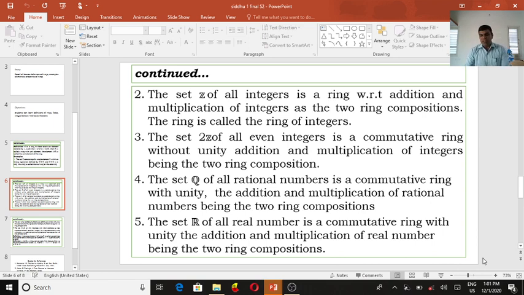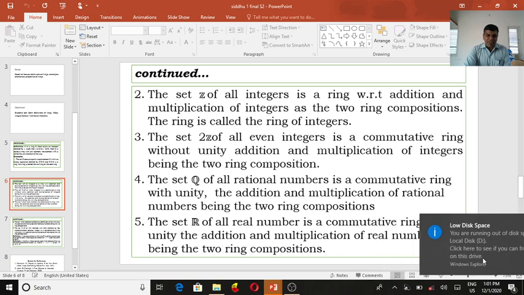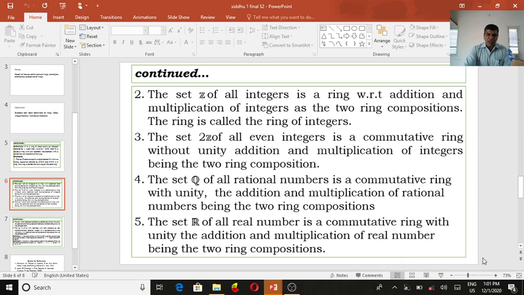Suppose you take Z equal to the set of all integers: minus 5, minus 4, minus 3, minus 2, minus 1, 0, 1, 2, 3, 4, 5, etc. See here, the set of all integers is a ring with respect to addition and multiplication.